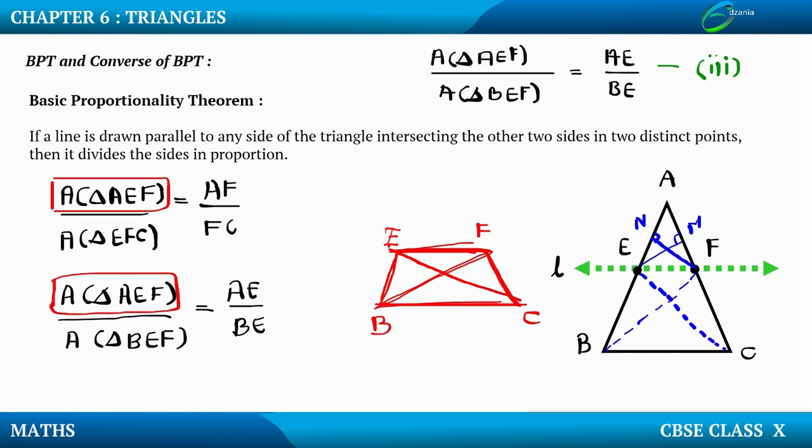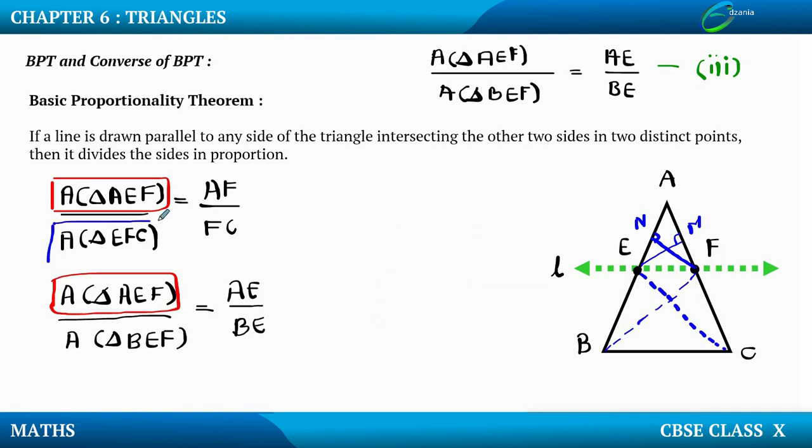Both these triangles have same base EF, and both of them lie between two parallels EF and BC. Therefore, these two areas are also same.